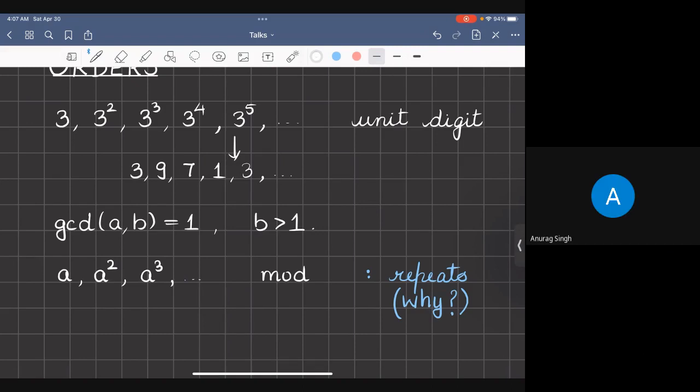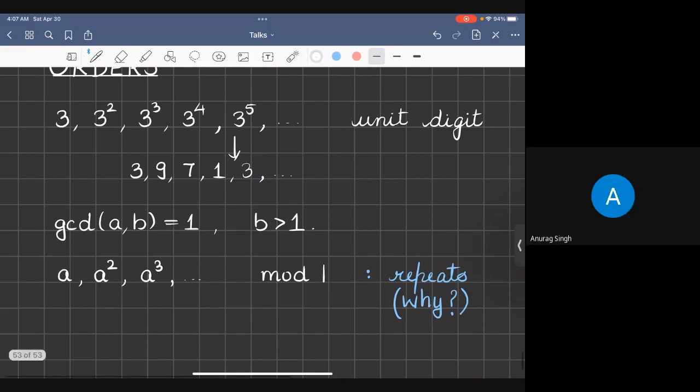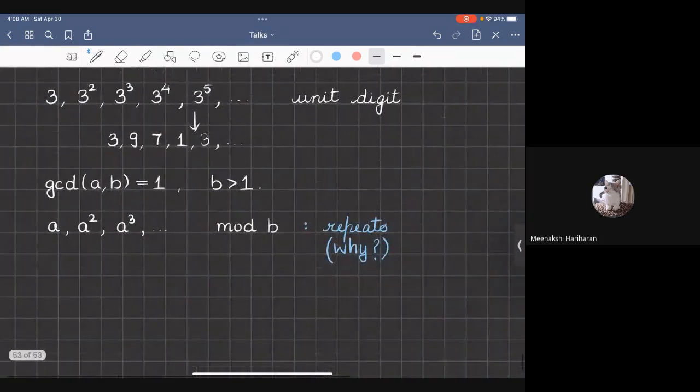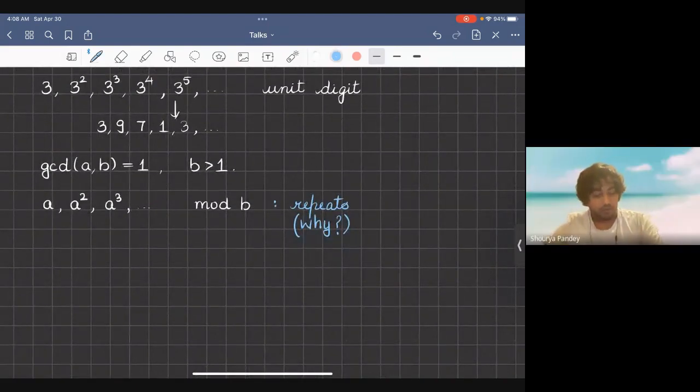Also, isn't it because mod b there are only a limited number of possible remainders, and after one point one connects to another, then the cycle has to repeat over again? Yes, exactly. So we're exploiting the pigeonhole principle.